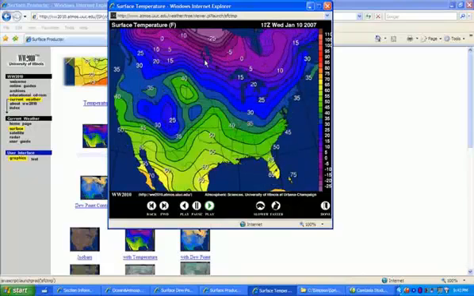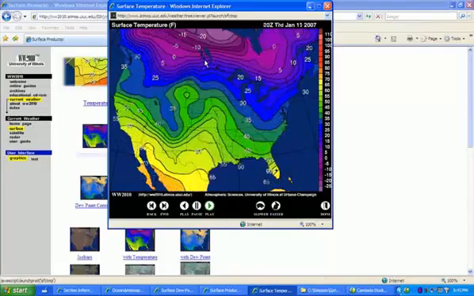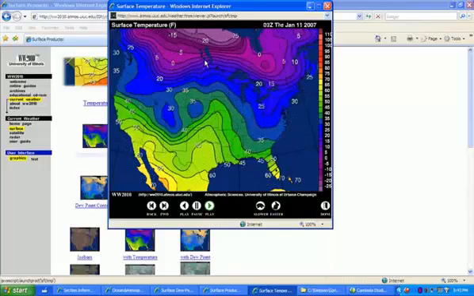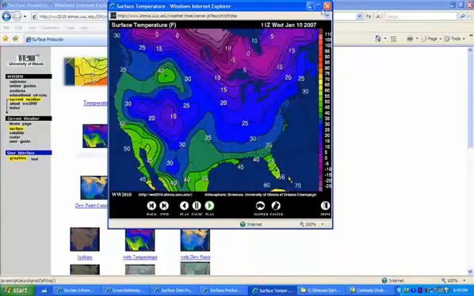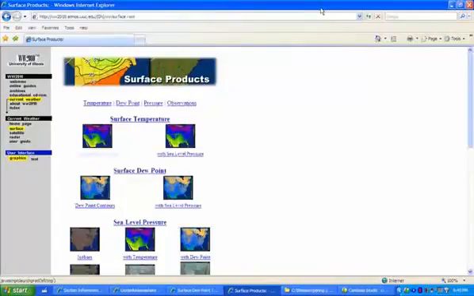Now another way that we can forecast temperatures, specifically 12Z temperatures, is to look at what we call dew point temperatures. We'll define dew point temperatures a little bit later. But one thing you should probably write down is that the actual air temperature can never go below the dew point temperature. Again, the air temperature can never go below the dew point temperature.